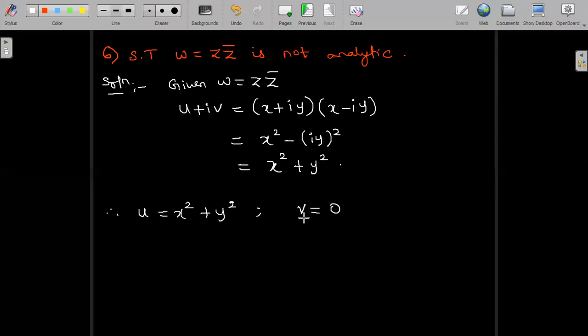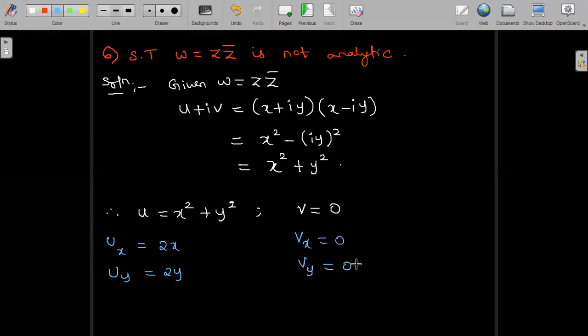Now let us find the partial derivatives with respect to x and y. ux is equal to 2x, uy is equal to 2y, and vx and vy both are 0, since v itself is 0.